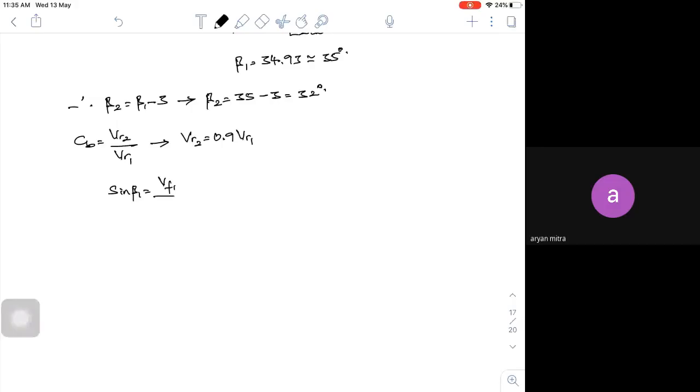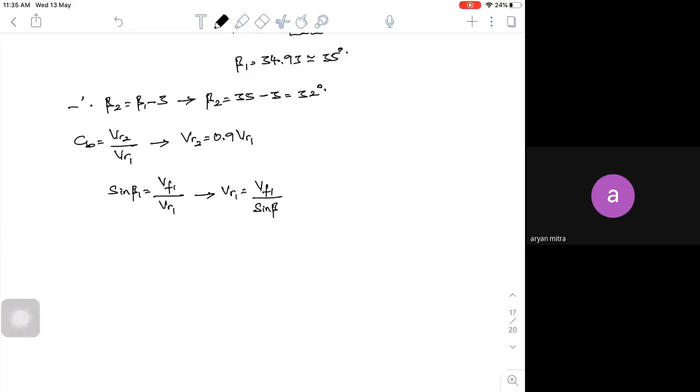Sine beta 1 is equal to Vf1 divided by Vr1, or I can write Vr1 is equal to Vf1 divided by sine beta 1.